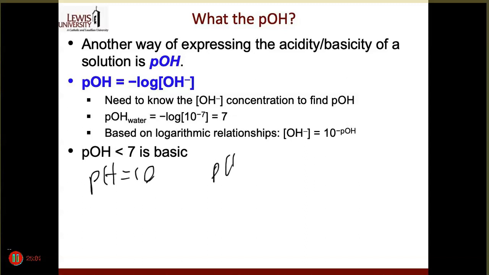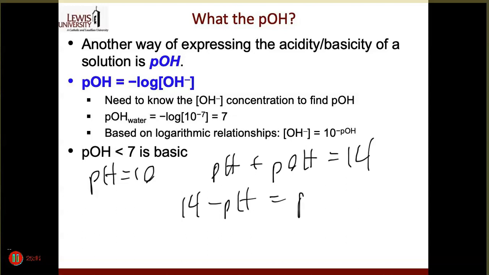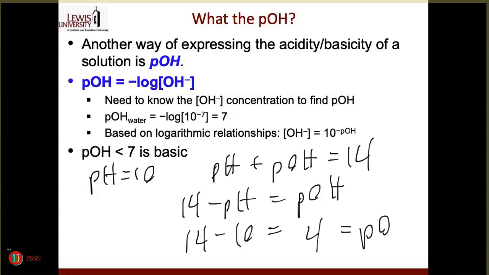Well, we know that pH plus pOH is equal to 14. So 14 minus pH should give me the pOH. 14 minus 10 equals 4. So my pOH then is equal to 4.